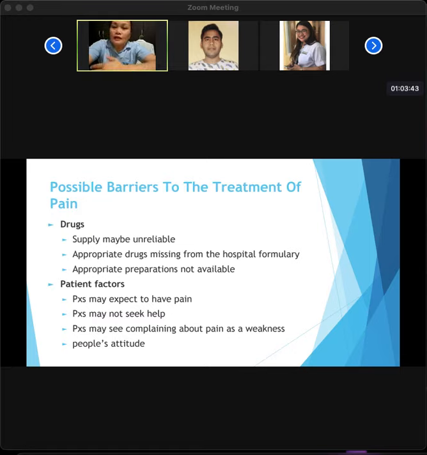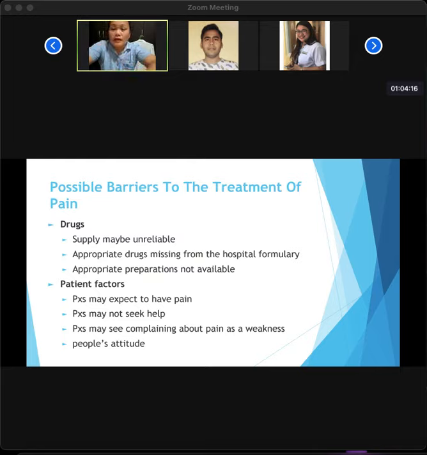Okay? And also one of the barriers is the patient's factor. Patients may expect to have pain. Sometimes yun nga, psychological, lalo na pag hindi maganda yung family support ng patient. The patient may feel pity for himself, and then the pain tolerance is lower na.